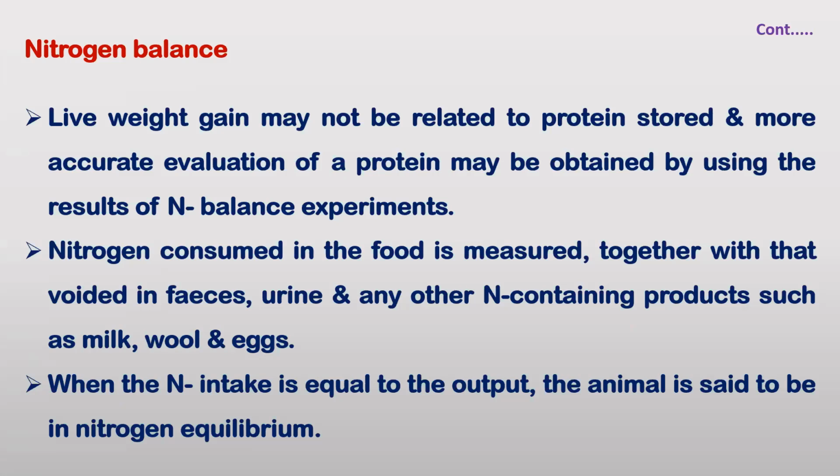It is the amount of nitrogen consumed in the food minus the amount of nitrogen excreted through feces, urine, and even milk in milking animals, or eggs in the case of poultry.